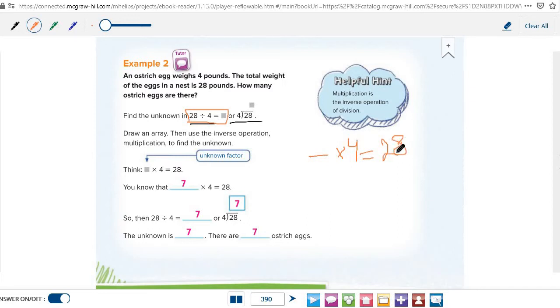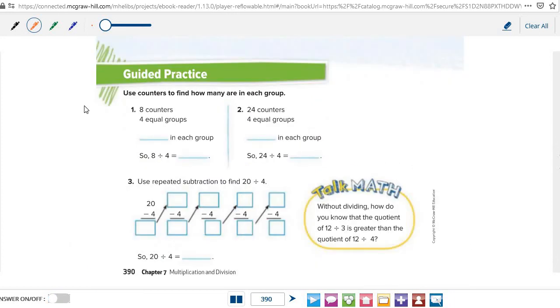And you know this fact, 7 times 4 equals 28. So the unknown in this division sentence is 7. So 7 times 4 equals 28, and 28 divided by 4 equals 7. There are 7 ostrich eggs. Now let's solve question number 1.